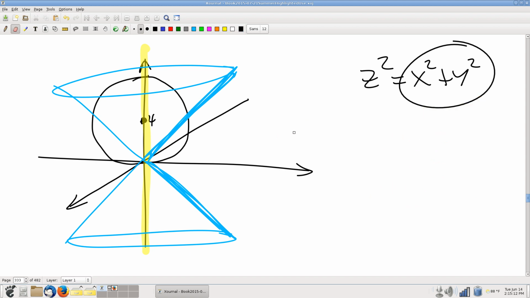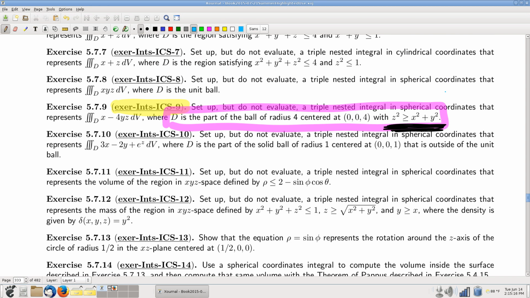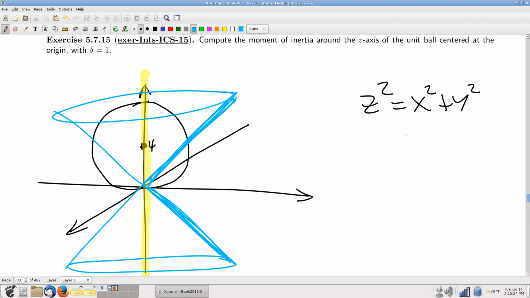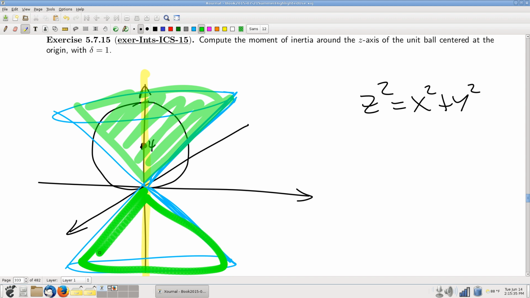So that is where z squared is equal to x squared plus y squared. I want to know where is z squared greater than x squared plus y squared. So greater than or equal. So that means that I'm interested in, well, up here or down here.